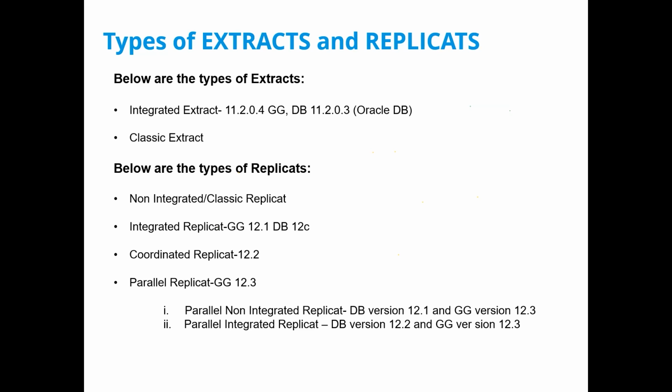For configuring integrated replicate, your GoldenGate version should be minimum 12.1 and the database should be 12c. Then coordinated replicate was launched in 12.2, which is to run multiple threads of your replicate. Then you also have parallel replicate in your environment, a feature introduced in 12.3.